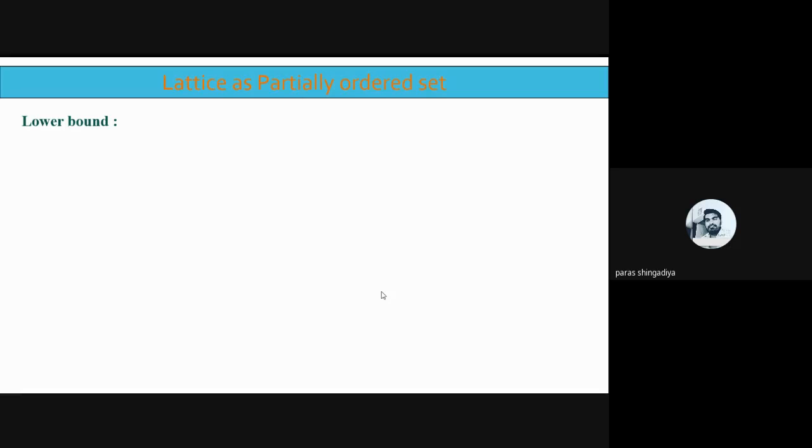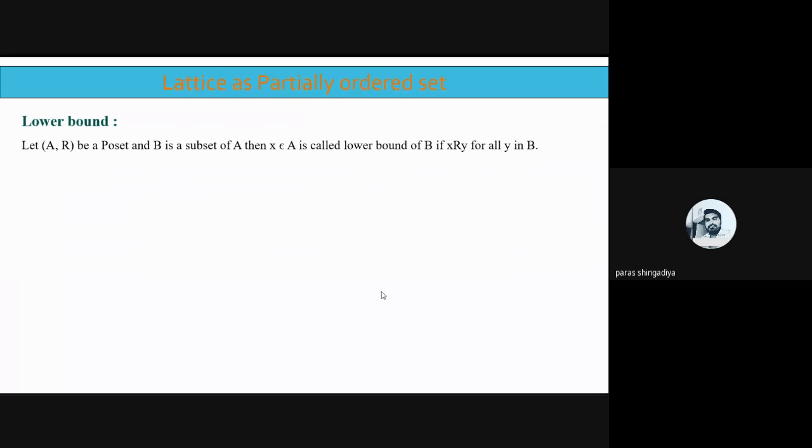So to define the lattice as a poset, first we'll define these four definitions. First is the lower bound of the given set, then the greatest lower bound, the upper bound and the least upper bound. Clear? These four definitions we have to define to define the lattice as a poset.